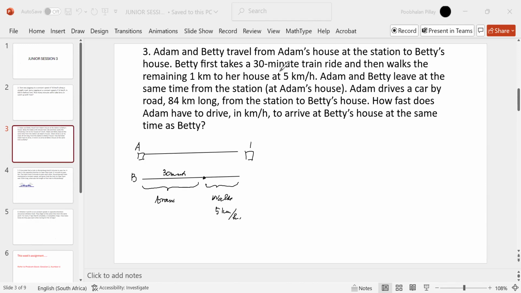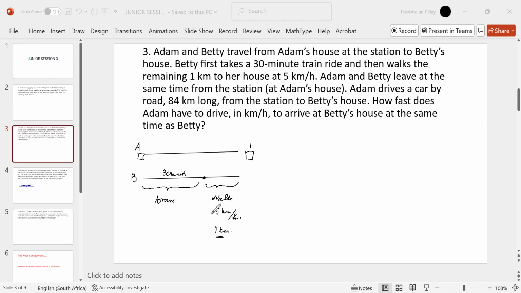But she only travels 1 kilometer, right? From the remaining 1 kilometer. So she walks at 5 kilometers per hour, but the distance she covers is 1 kilometer. In 1 hour, she does 5 kilometers. So how long will it take her to do 1 kilometer? It will be 1/5 of an hour, and 1 hour is 60 minutes.